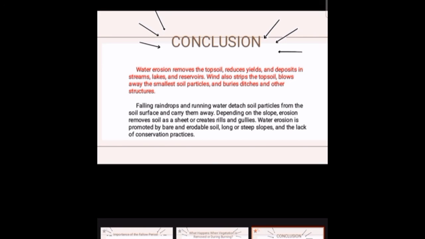Falling raindrops and running water detach soil particles from the soil surface and carry them away. Depending on the slope, erosion removes soil as a sheet or creates rills and gullies. Water erosion is promoted by bare and erodible soil, long or steep slopes, and lack of conservation practices.